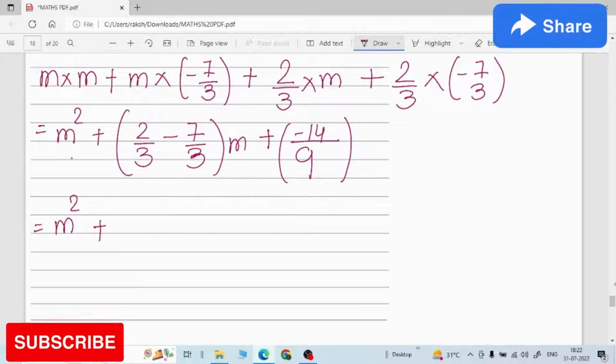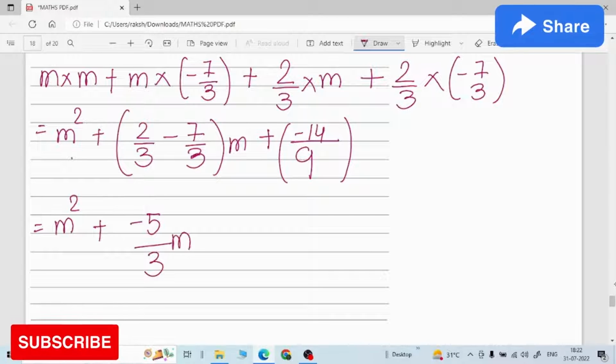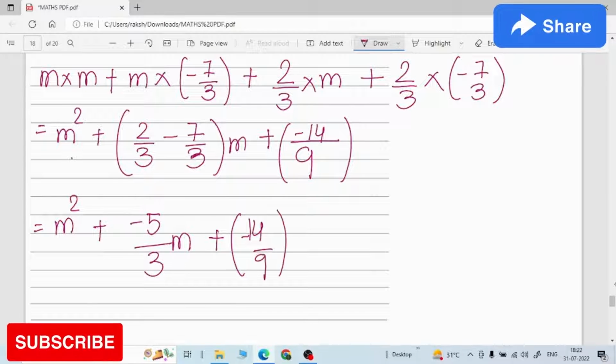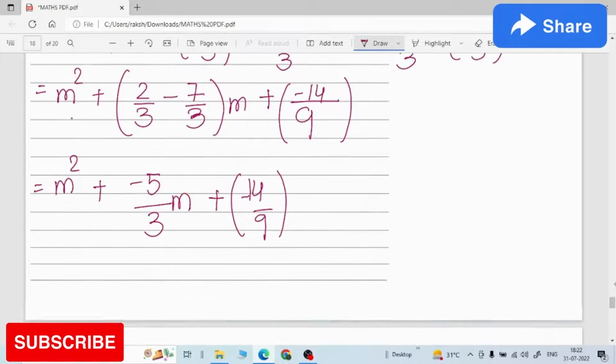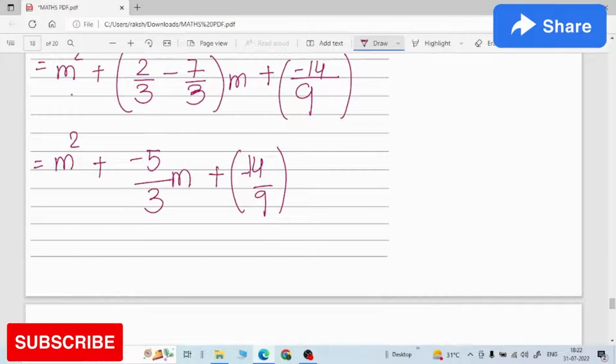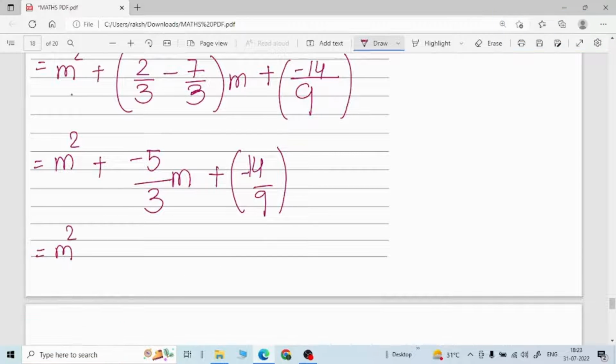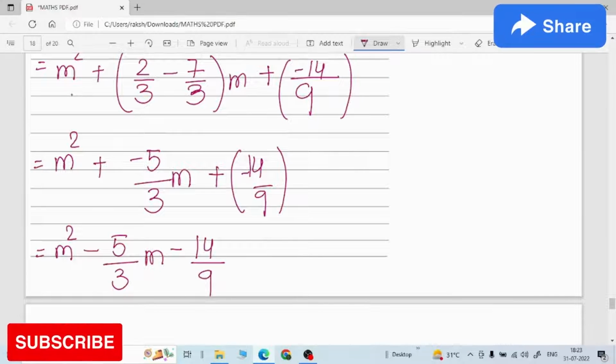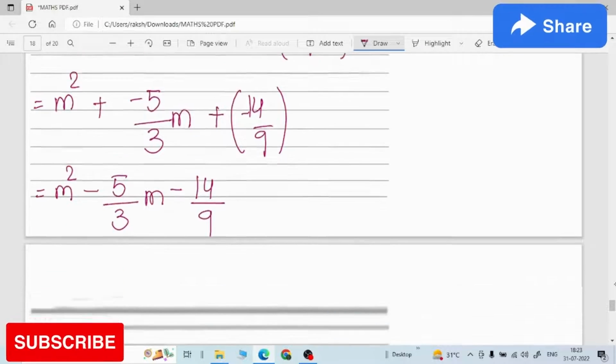So here you can add directly: 2 minus 7, that is minus 5 upon 3 m, plus minus 14 upon 9. It may go up and down, do not worry about this, we will write in a straight line. So finally we'll write m square minus 5 upon 3 m minus 14 upon 9.